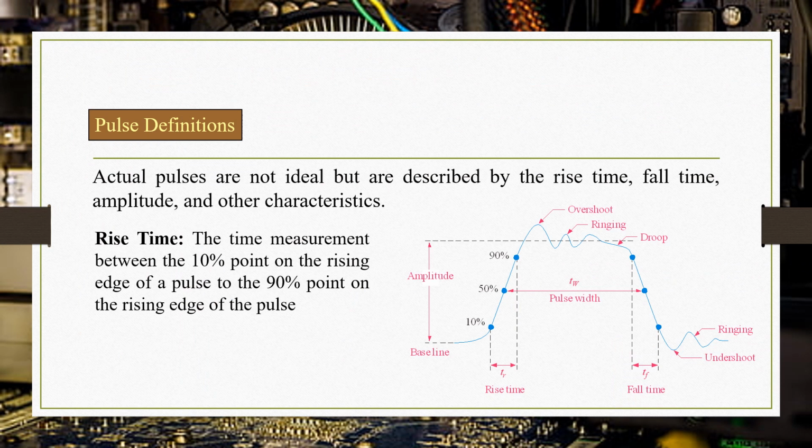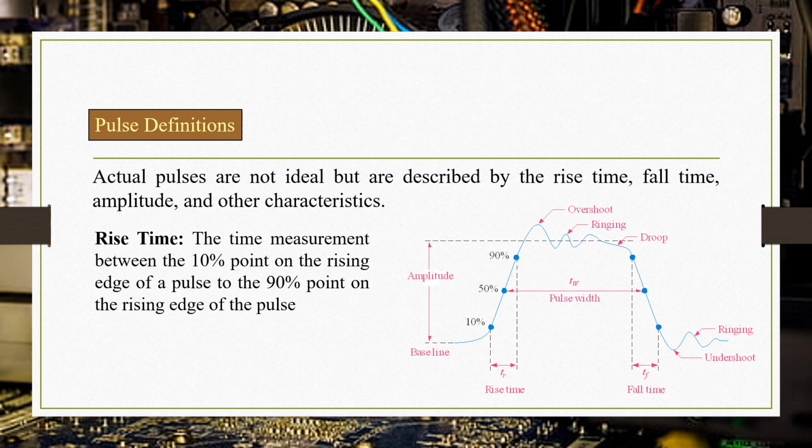Let us look into some more terminologies. Actually, the pulses are not ideal but are described by the rise time, fall time, amplitude, and other characteristics. The time measurement between the 10% point on the rising edge of a pulse and the 90% point on the rising edge is called the rise time.